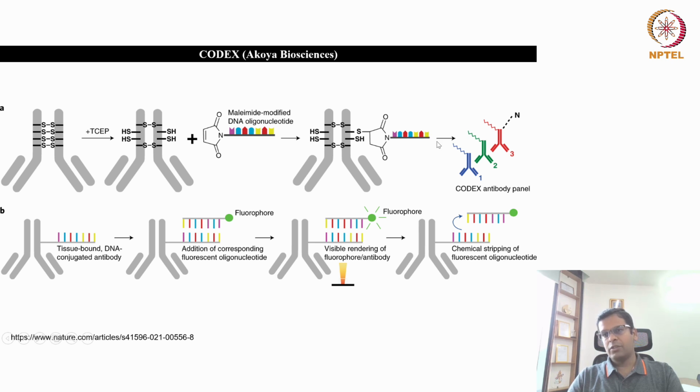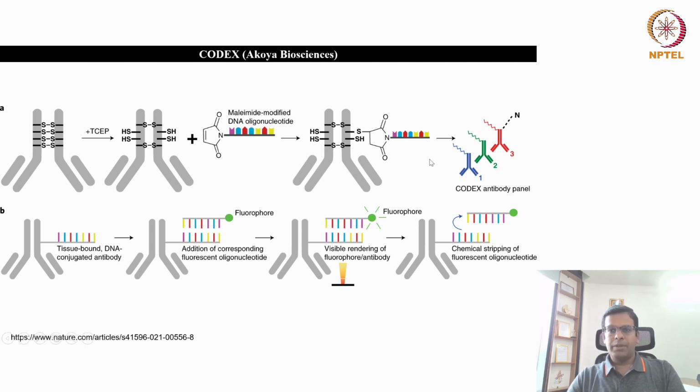Your antibodies will look like this: this is the antibody against protein 1, this is the antibody against protein 2, and this is the antibody against protein 3, and 40 different antibodies, or 40 different proteins, you can detect using this method. All these antibodies are conjugated with one small barcode of DNA, or oligonucleotide, or single-stranded DNA. That is known as the CODEX antibody panel. These CODEX antibody panels are available for different tissue types.